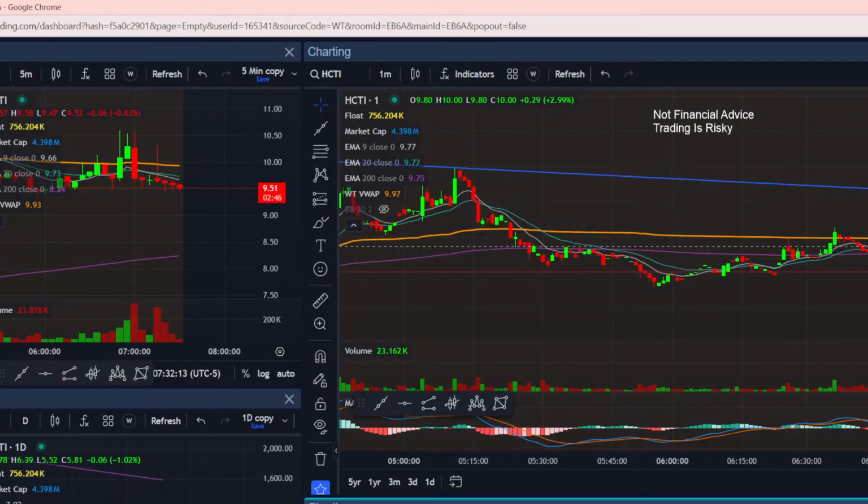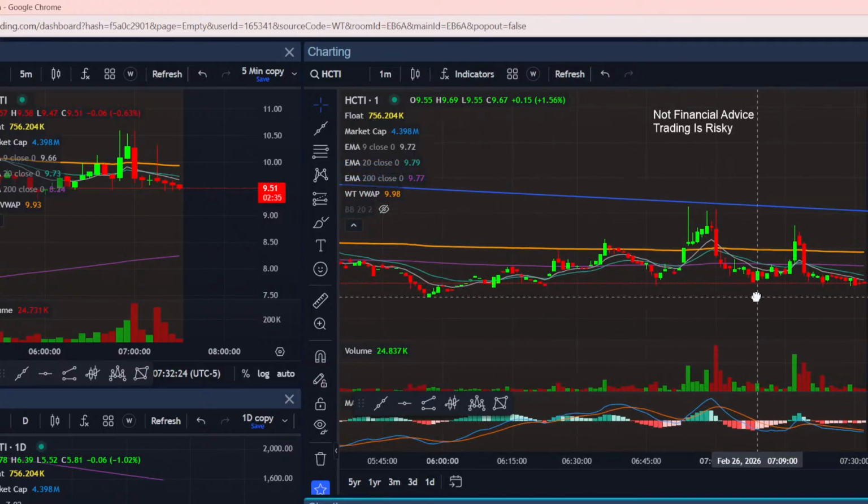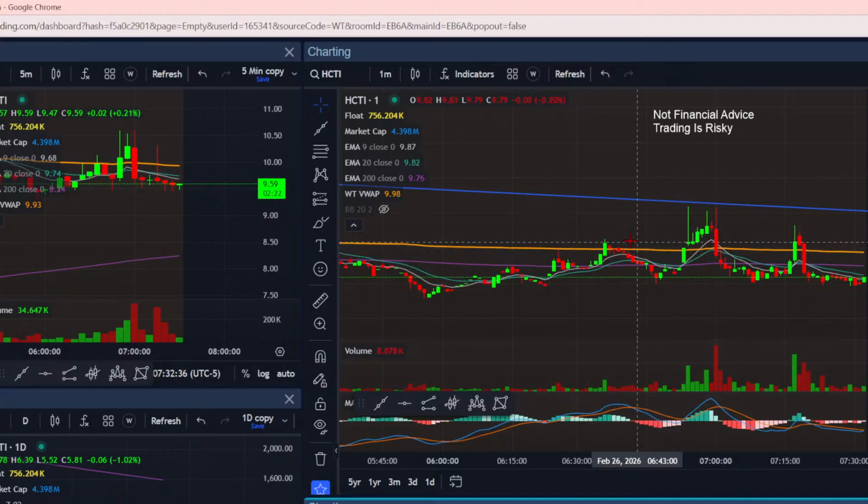Then I notice right here it goes to 10, and then it starts going down. I see volume increase right here on 10, and I think it's going to break this candle. And I was right. It was going to break that candle.